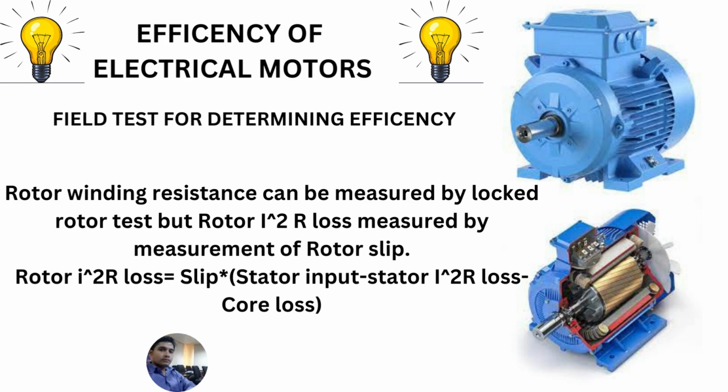Rotor I square R loss is measured by the measurement of rotor slip. So rotor I square R loss is equal to slip into stator input minus stator I square R loss minus core loss.